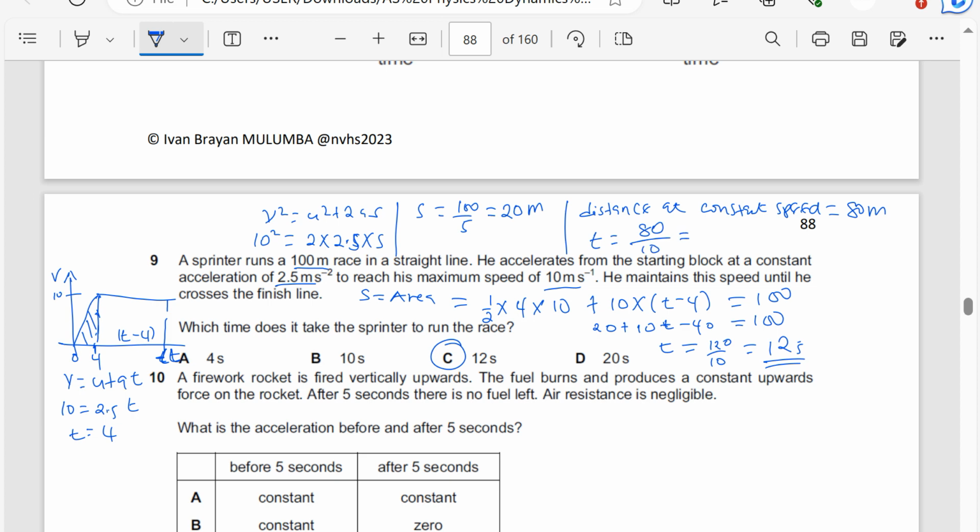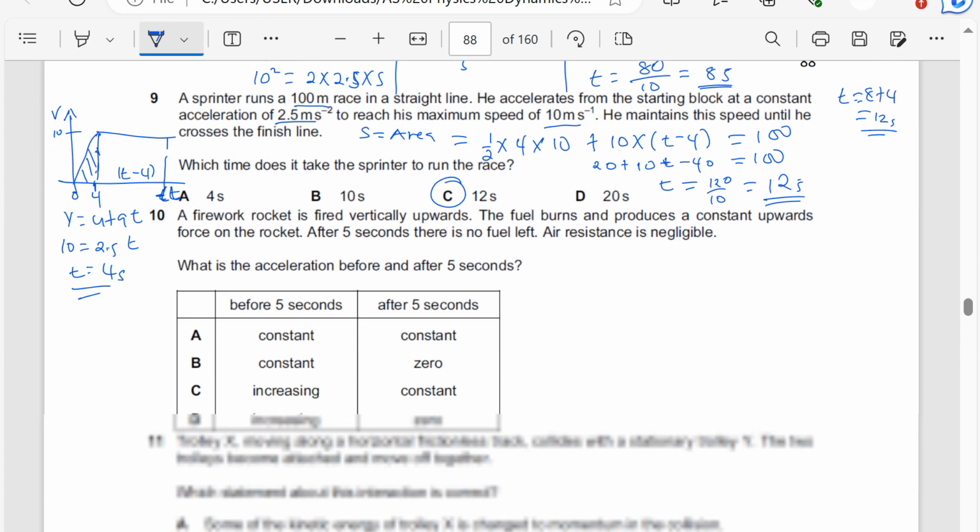So the time for constant speed is going to be 8 seconds. The time for uniform acceleration was 4 seconds. So the total time will be 4 seconds plus 8 seconds, which will give you 12 seconds.